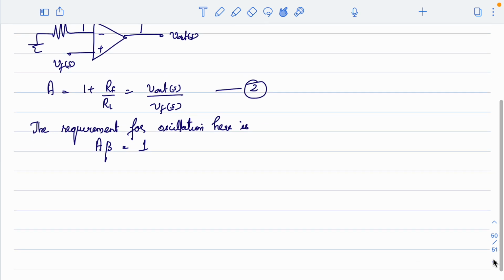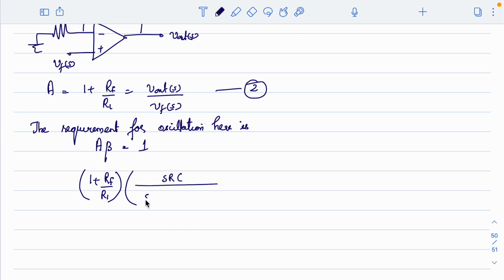So if I write for that condition, I can write it as A beta is (1 plus RF by R1) into SRC divided by (SRC the whole square plus 3 SRC plus 1). This should be equal to 1, right?